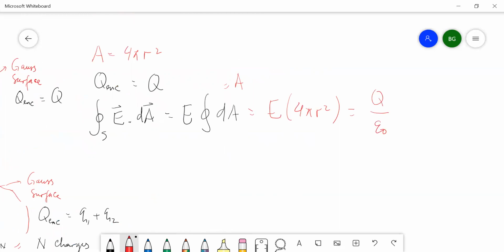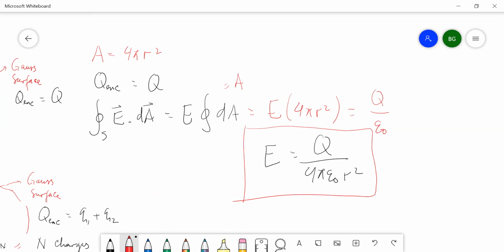So we will obtain the field for a point particle. We re-obtain the electric field of a point particle. Okay, any question?